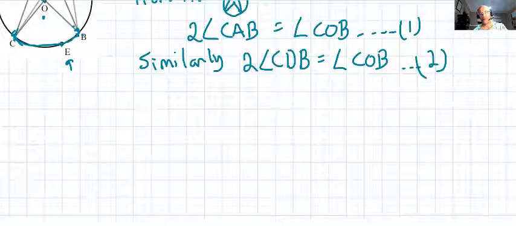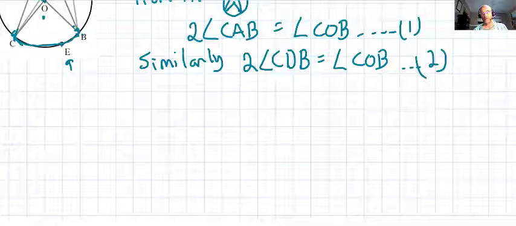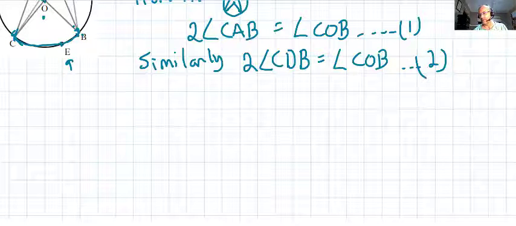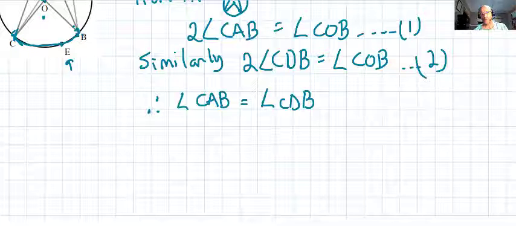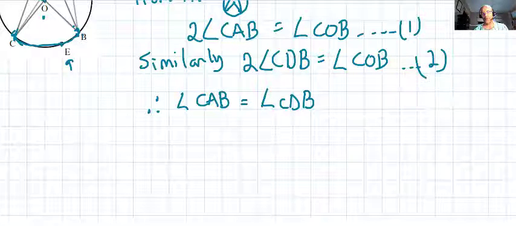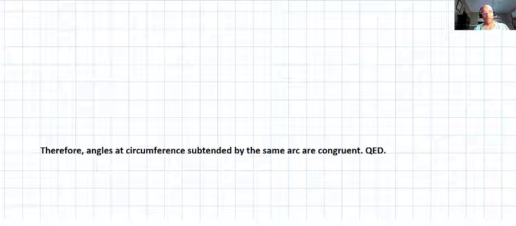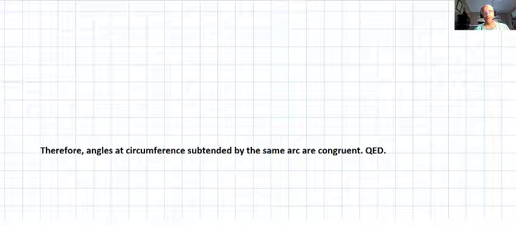So if A equals C and B equals C, alright, we got A equaling B, a bit of logic there. So we can say angle CAB is equal to angle CDB. So in conclusion, angles at the circumference subtended by the same arc are congruent, or they're the same.